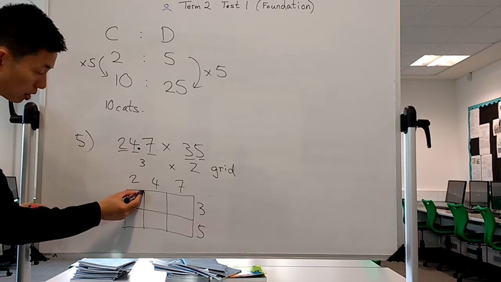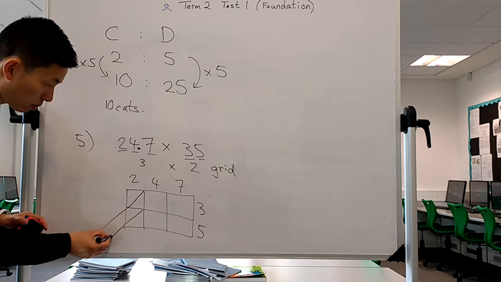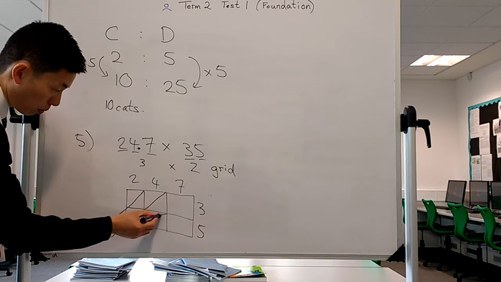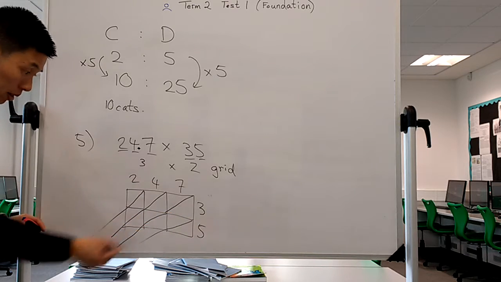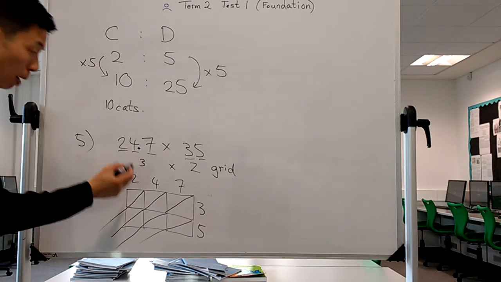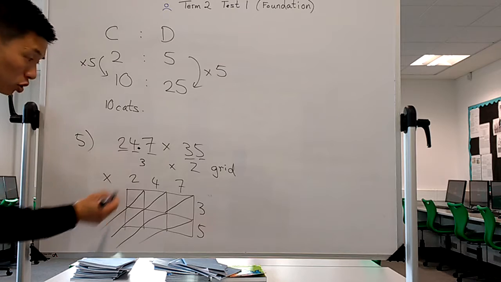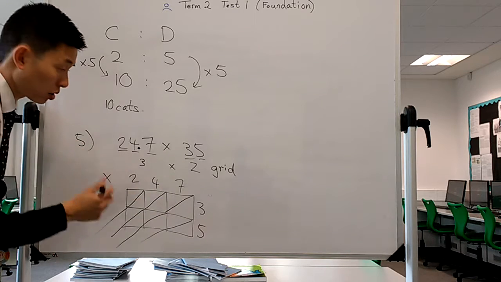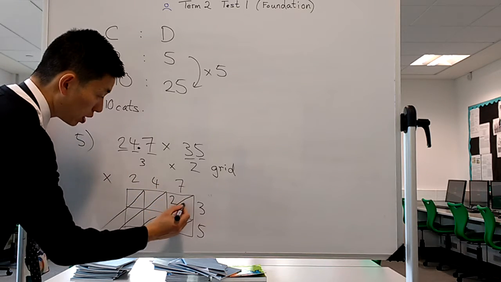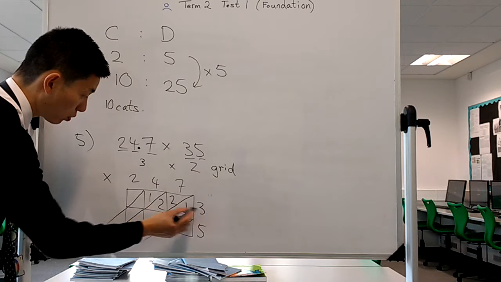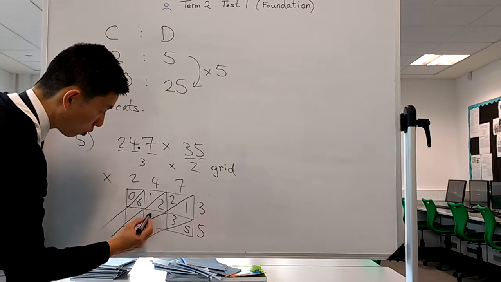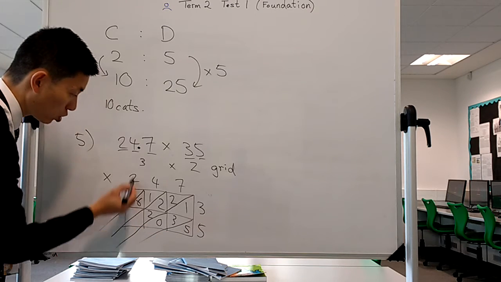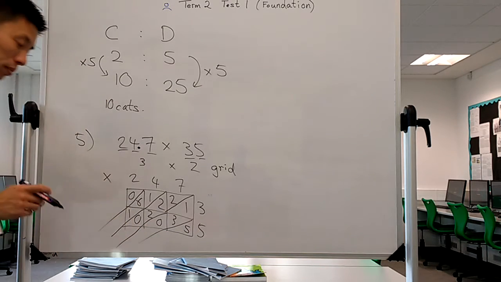The next bit is split each of the boxes like this. It's got to be that way. And now multiply it. So you can put a times sign to remind you you have times first. 7 times 3 is 21. 4 times 3 is 12. 3 times 2 is 6. 7 times 5 is 35. 4 times 5 is 20. 5 times 2 is 10.